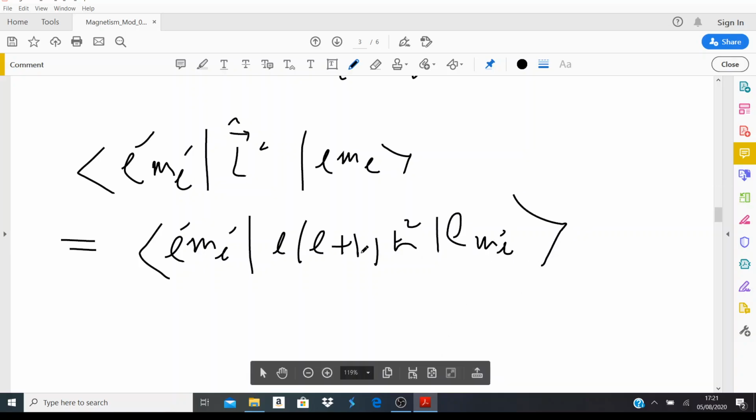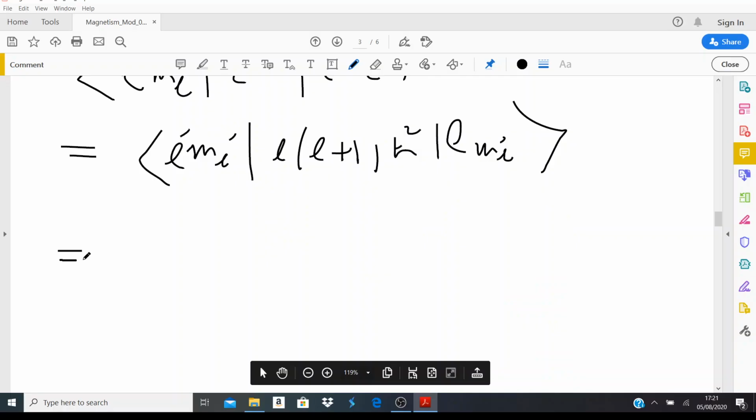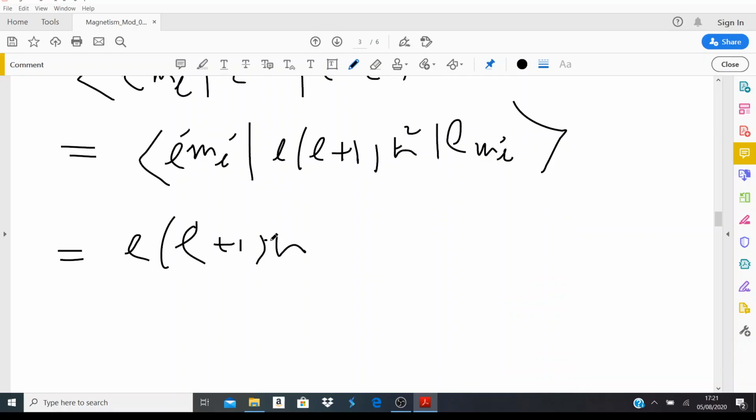And that's just a number. You can bring it out. So L plus 1 H square, and here you have L prime, ML prime, L, ML, and you again impose the orthonormality condition, which says that L prime has to be equal to L and ML prime has to equal to ML, otherwise this thing will be 0.